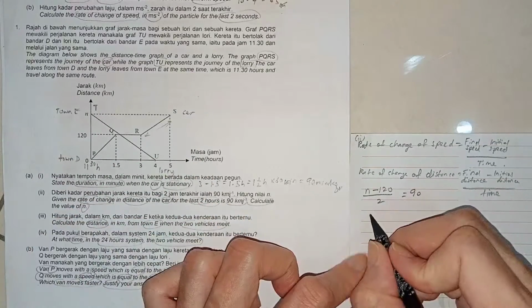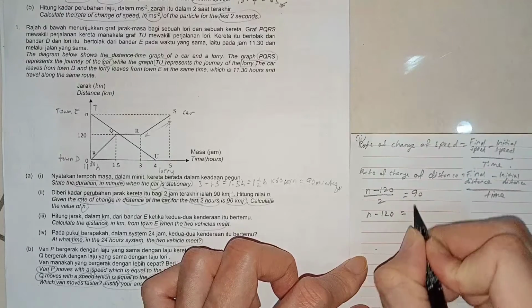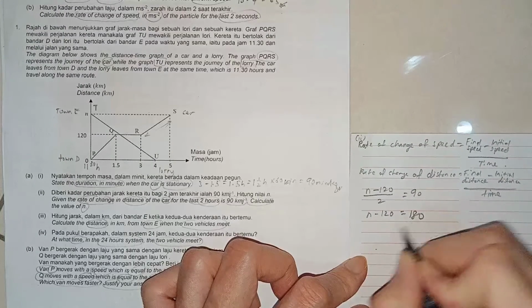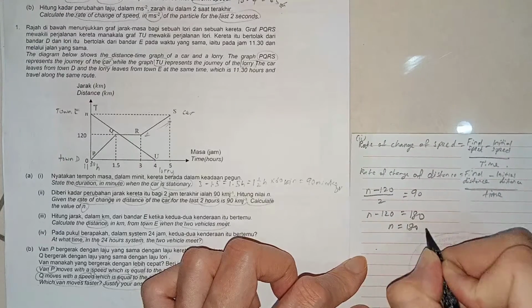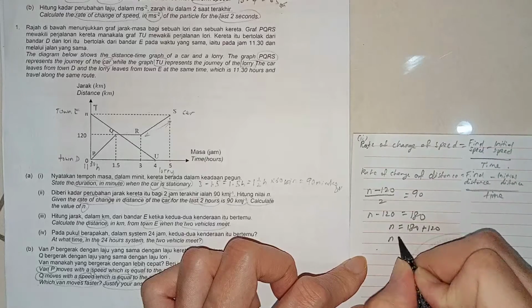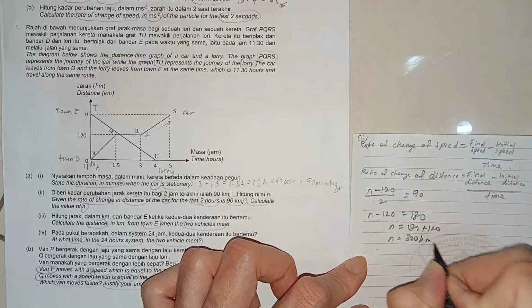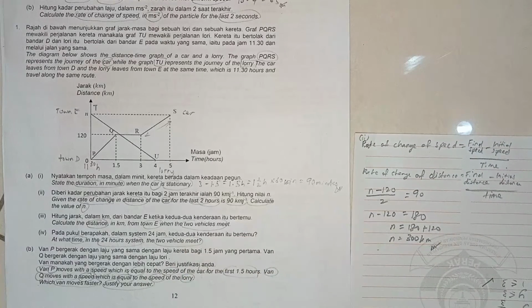Calculate n. So n minus 120 equals 90 times 2, which is 180, so n equals 180 plus 120, so n equals 300 kilometer from the calculator.